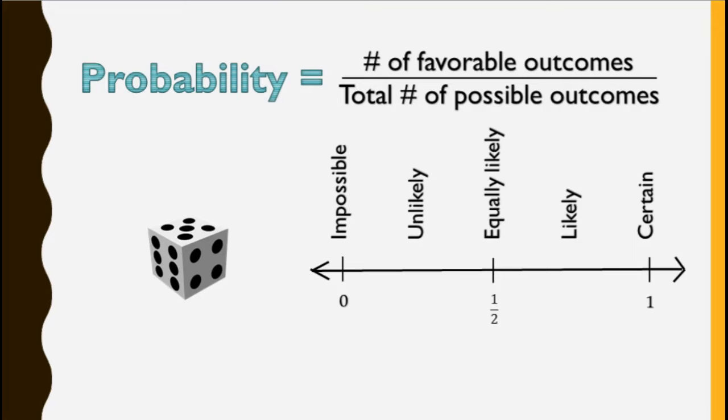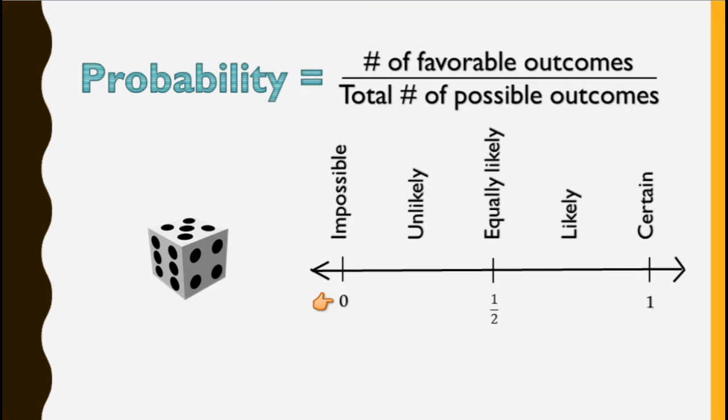Now, we have these fancy words. We actually use a lot of these in everyday life. Sometimes we use them incorrectly, but for the sake of probability, there's a very clear way and a clear time when you should use these words. If there's no chance that an event would happen, whatever you're talking about, then you would use the word impossible.